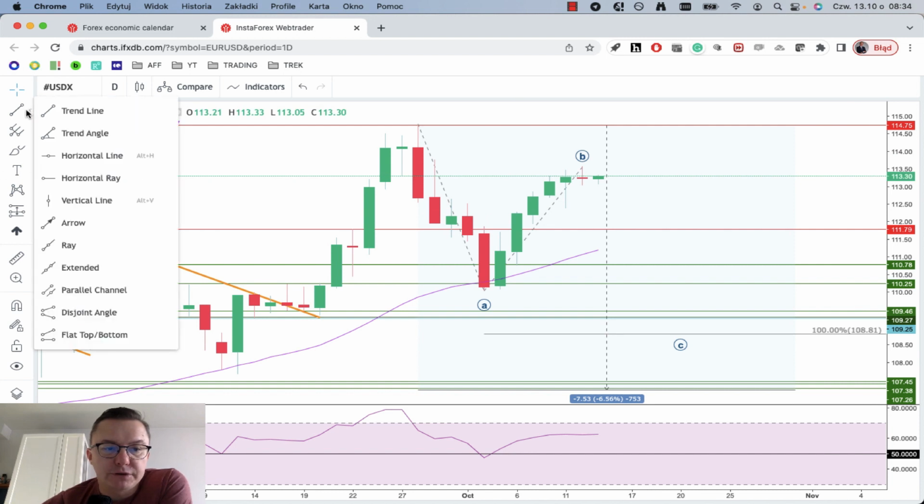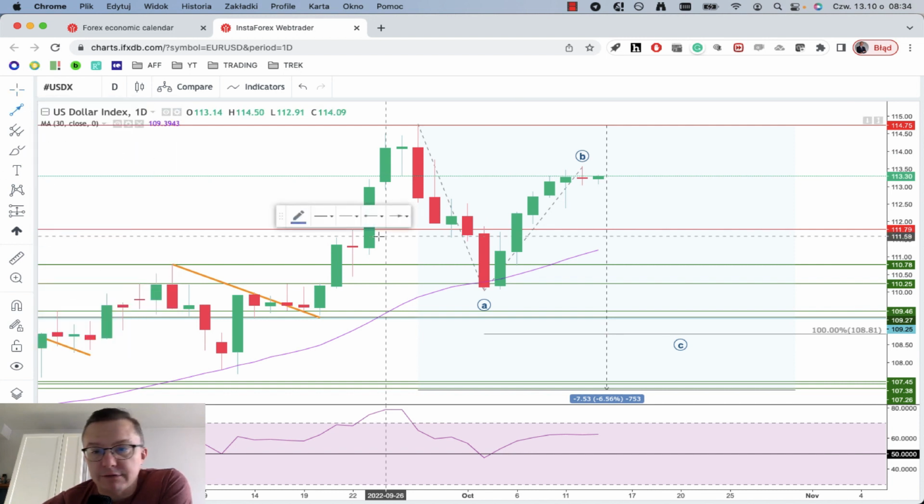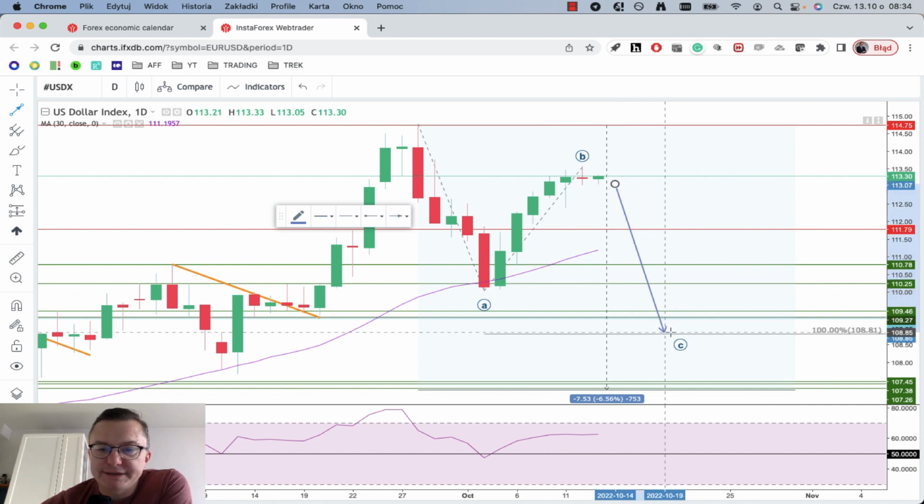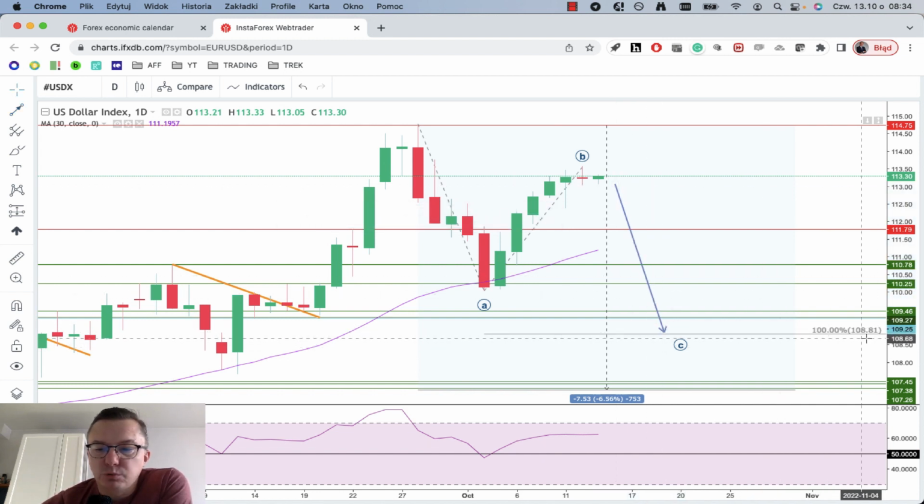If we put our ray here, it targets 100% of the wave A extension at 108.81. This is of course right now a valid scenario. However, we need to pay attention to the swing high at 114.75.